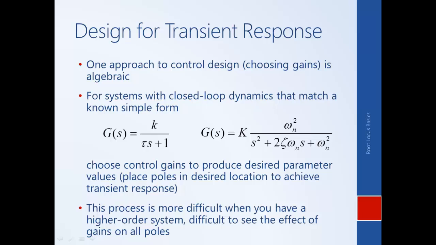We don't even have something like a quadratic formula for precisely expressing the poles in terms of our controller gains. And so it turns out that there's a technique called the root locus that can help us when dealing with these higher order systems.